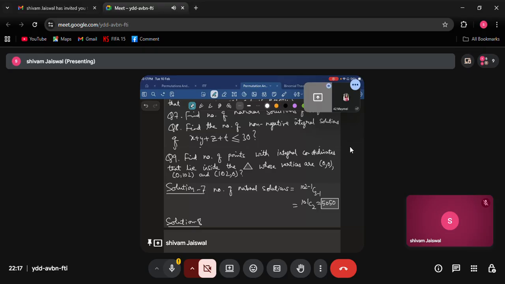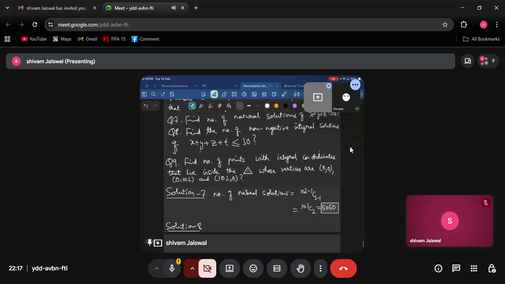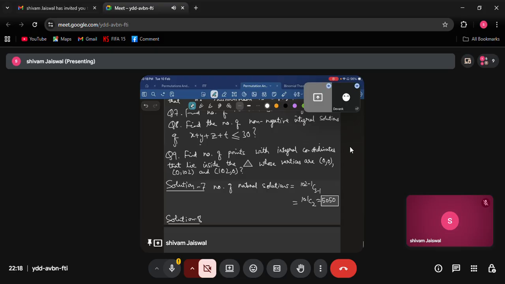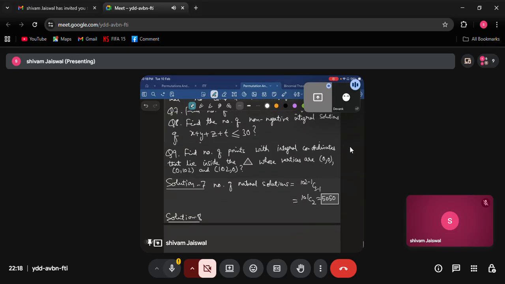Devang, can you hear me? Yes, sir. Devang, can you explain your solution for number 8? Sir, it is written that the expression is less than or equal to 30, so I think we have to introduce another variable so that we make it an equation. So there will be five variables, and instead of four, I've written five in the output. Okay. Everyone pay attention.